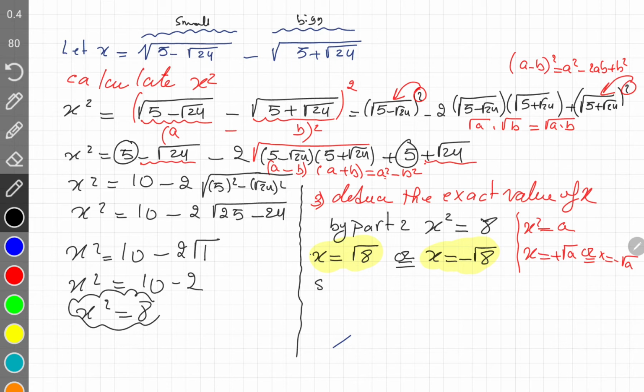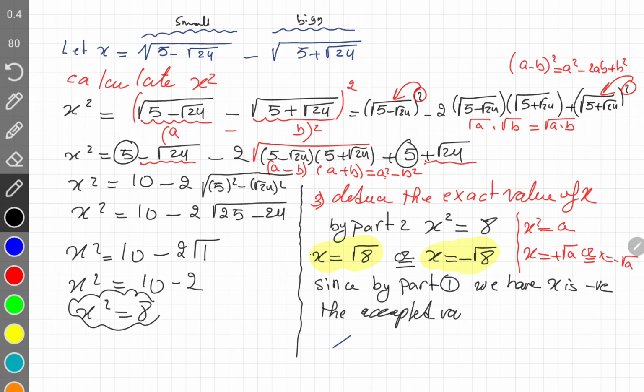Since by part 1 we have x is negative, then the accepted value is minus radical 8. So x is equal to minus radical 8 is the true value of x.